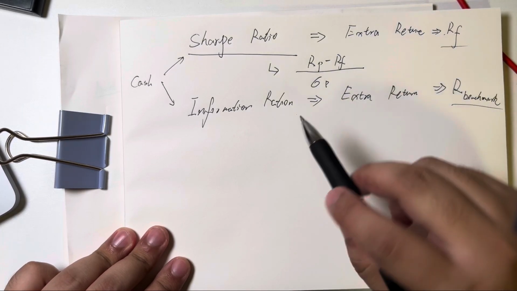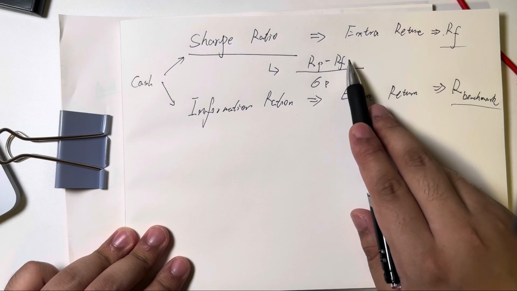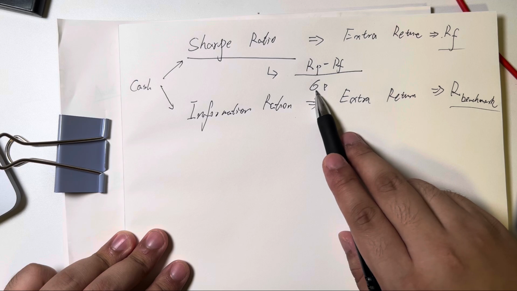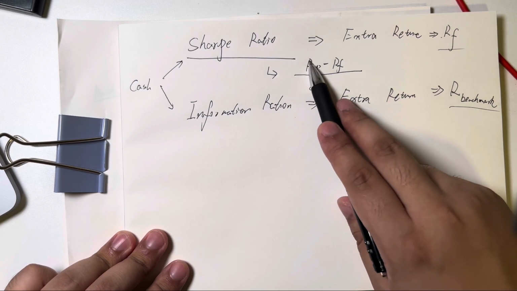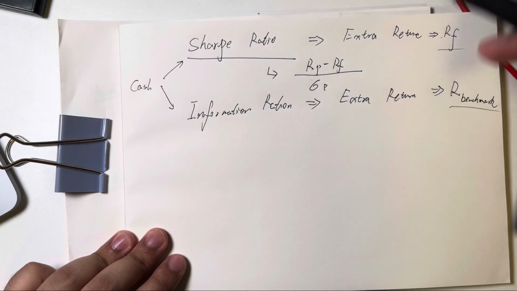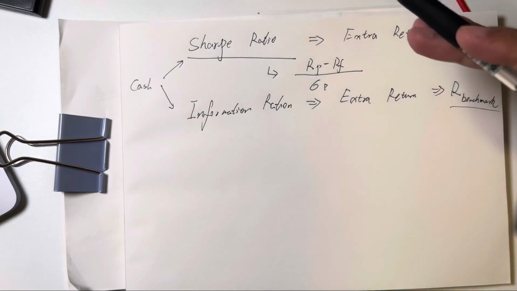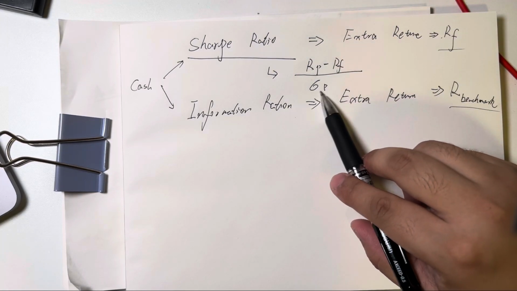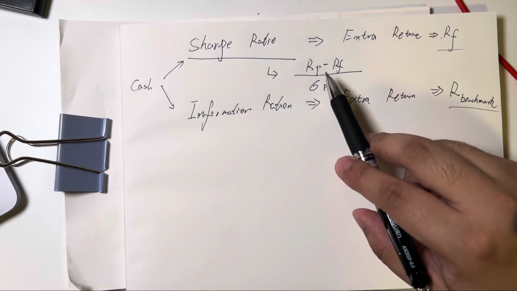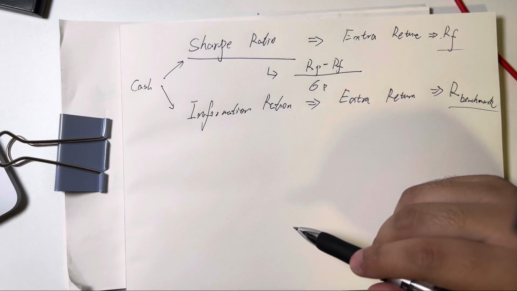This is the return of the portfolio, this is the risk-free rate of return, for example a Treasury bill, and this is the standard deviation of your portfolio's return. It's like the volatility, how volatile your return will be. We treat this as risk. So for one unit of risk, we get this amount of extra return. This is how the Sharpe ratio works.